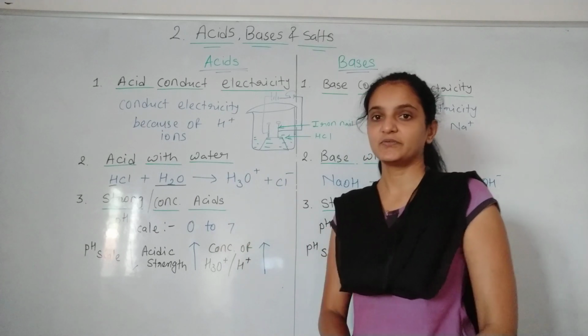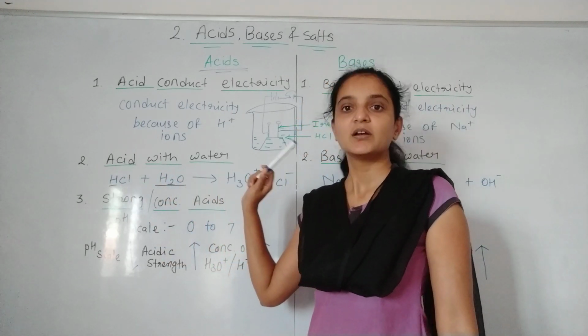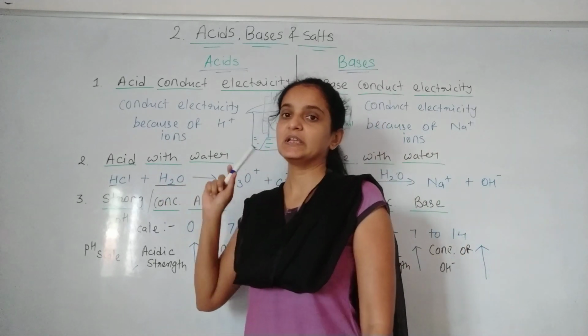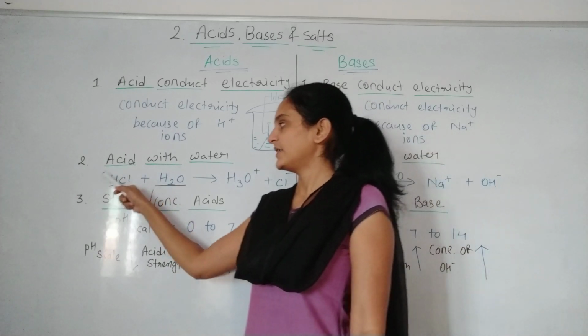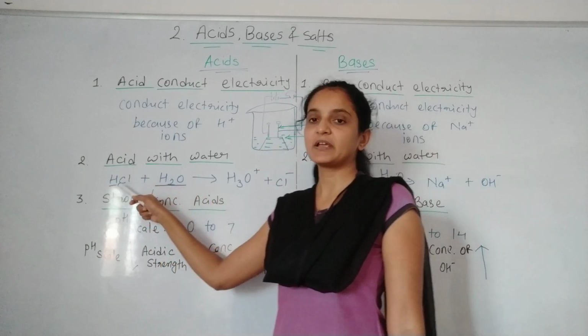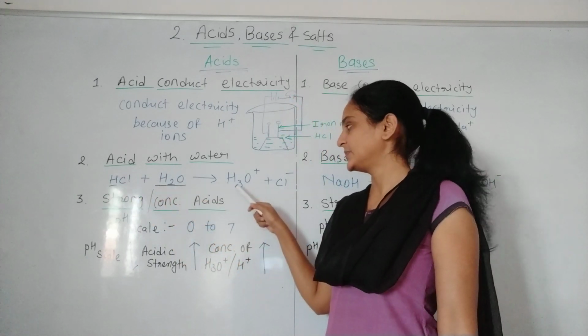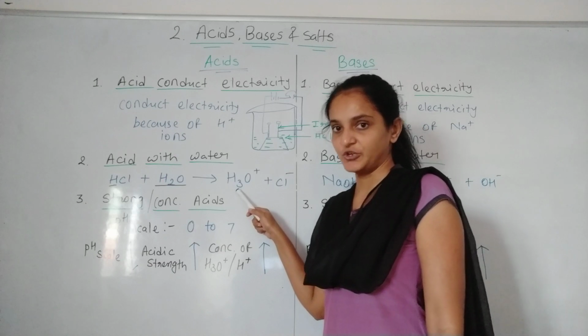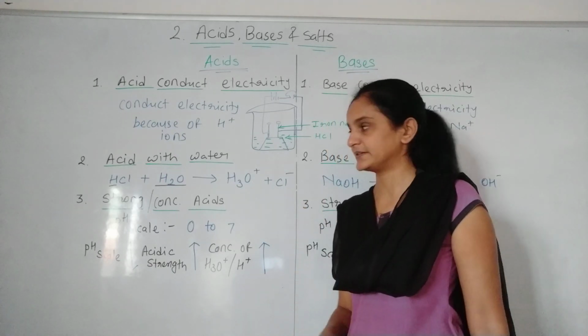Now another property of acids: what kind of reaction does an acid give with water? When an acid reacts with water, here we have taken hydrochloric acid, it gives H3O+ and Cl- ions. How does this take place?